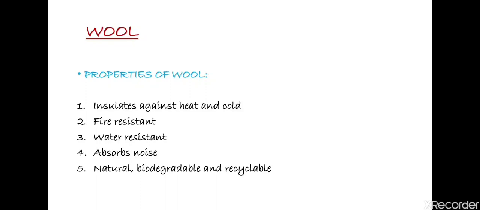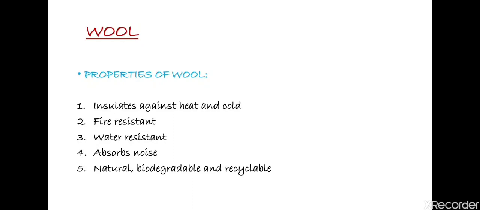You might have seen that whenever there is a fire, people either throw water, or they are advised to cover the body of a human or whichever organism is in the fire with a woolen blanket, because it is fire resistant.